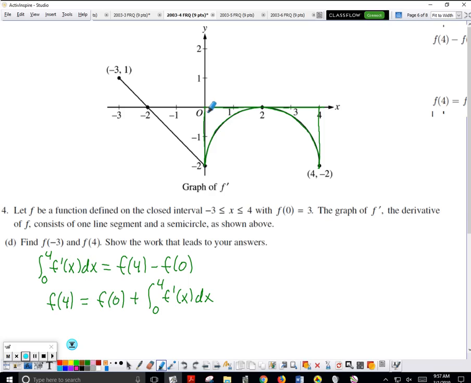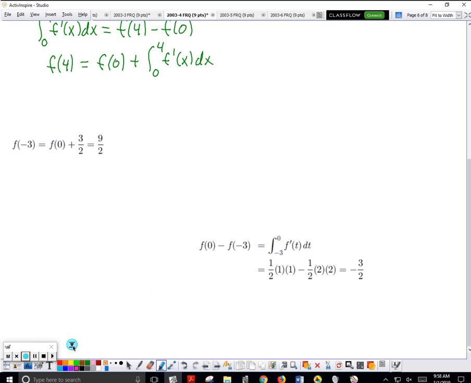So we're finding this area here. Cool. So what we really do, let's get some space here.